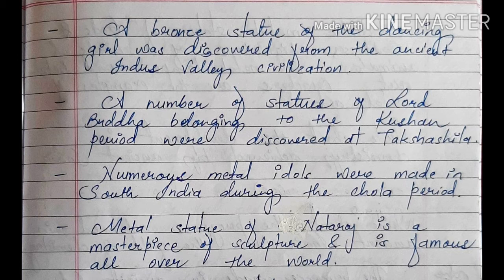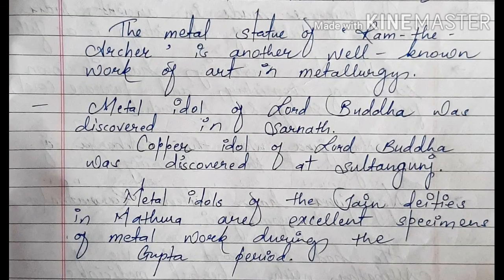A number of statues of Lord Buddha belonging to the Kushan period were discovered at Takshashila. Numerous metal idols were made in South India during the Chola period. Metal statue of Nataraj is a masterpiece of sculpture and is famous all over the world. The metal statue of Ram the Archer is another well-known work of art in metallurgy.